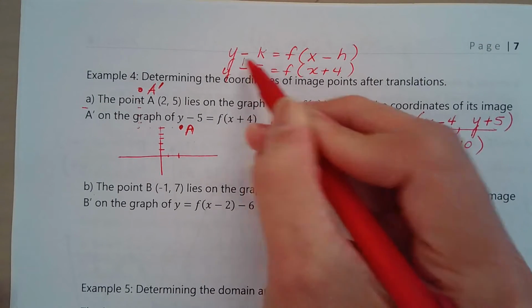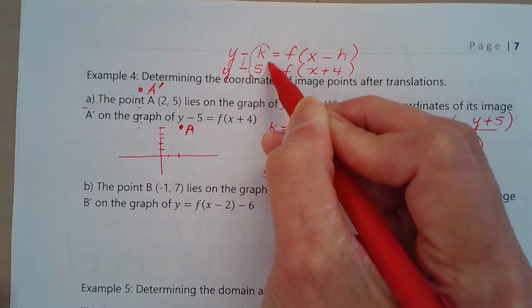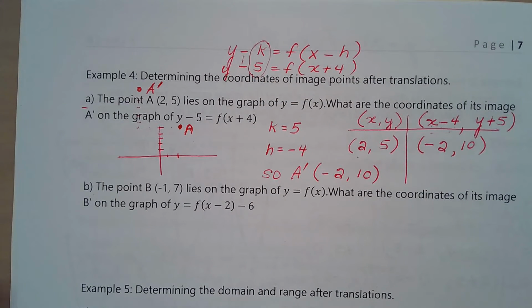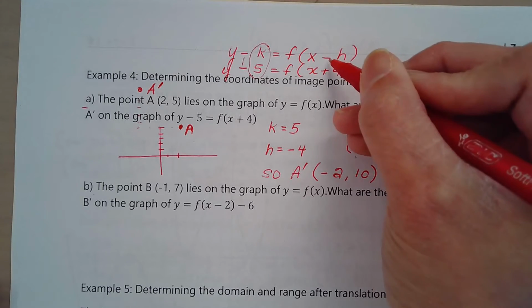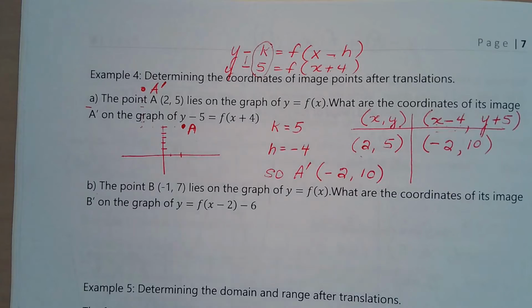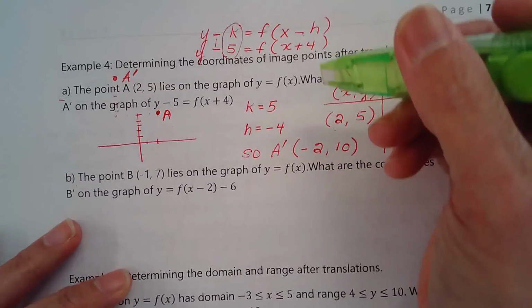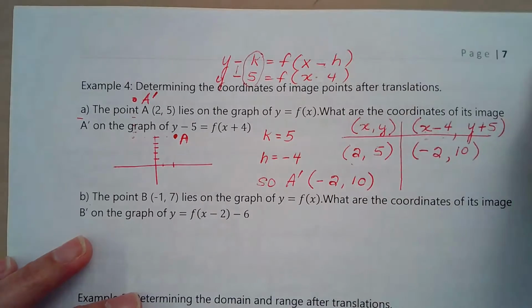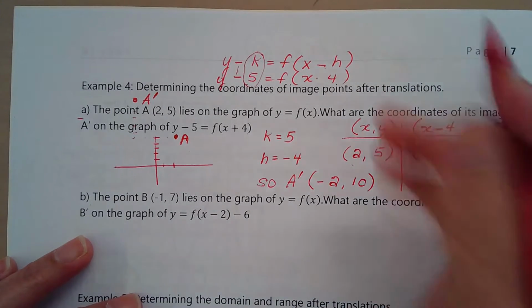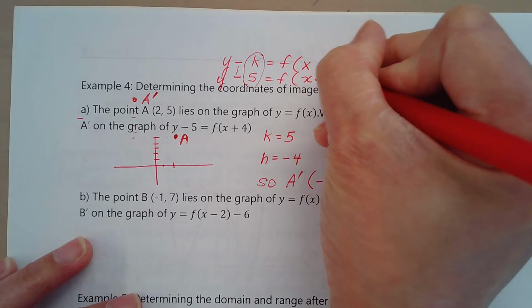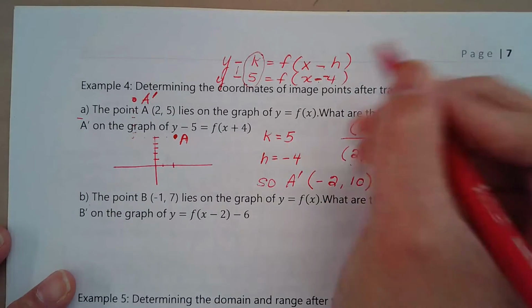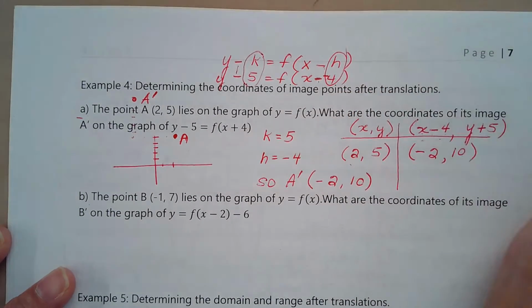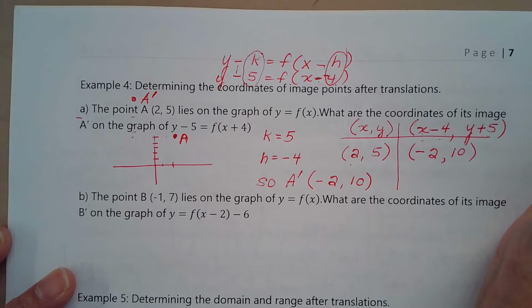This is a minus, minus, so the k is 5. Now this one here, this is a plus, but it should be a minus. How did that happen? It's supposed to be a minus, so minus, minus, and then a negative, negative will simplify to a positive. So h is negative 4. Yeah? Okay, you got it.